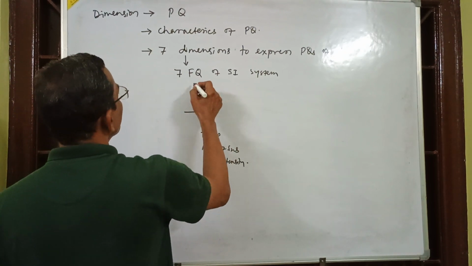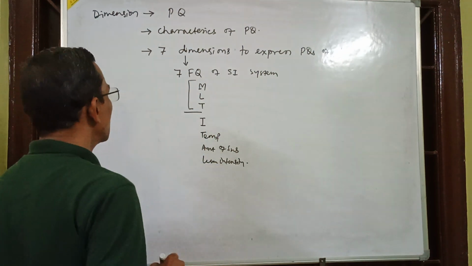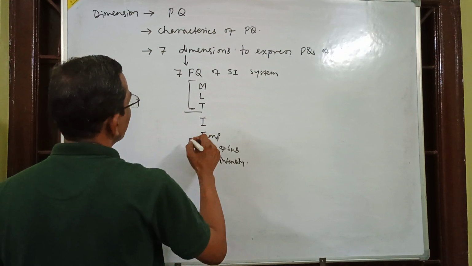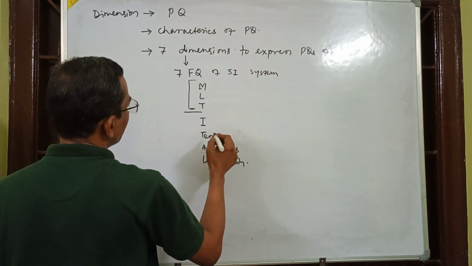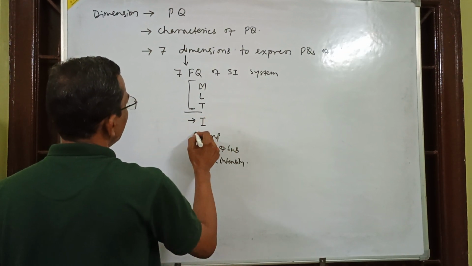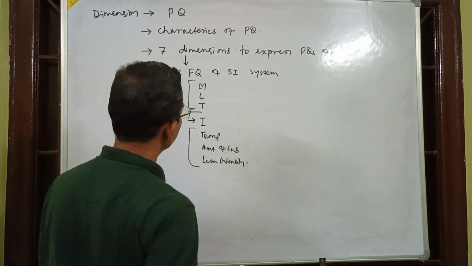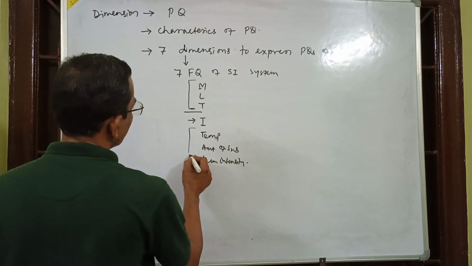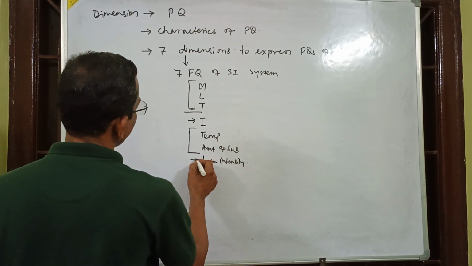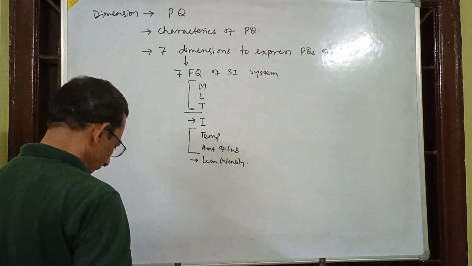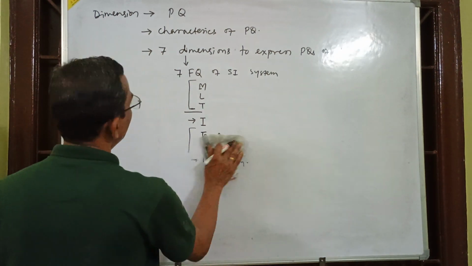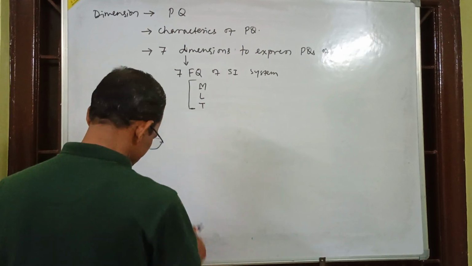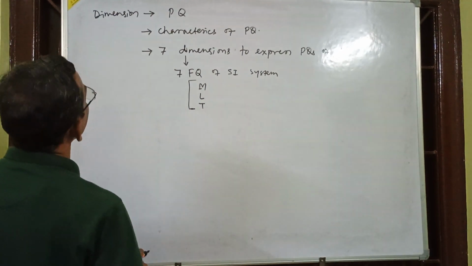Out of these, these 3 are of mechanical nature, this is electrical, this is thermal, and this is optical nature. Now, mostly you will be using this MLT to express the dimension of a physical quantity.